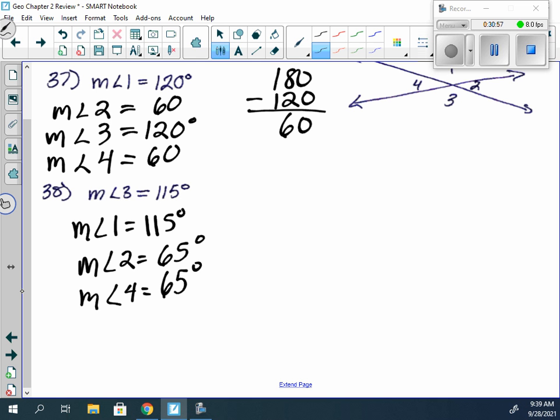Now, I will mark it wrong if you put negative 65, because if you do 65 minus 180, it will give you negative 115. The angles that we look at in here will all be positive angles. There are such things as negative angles, but this here is going to be positive. Questions on this here?